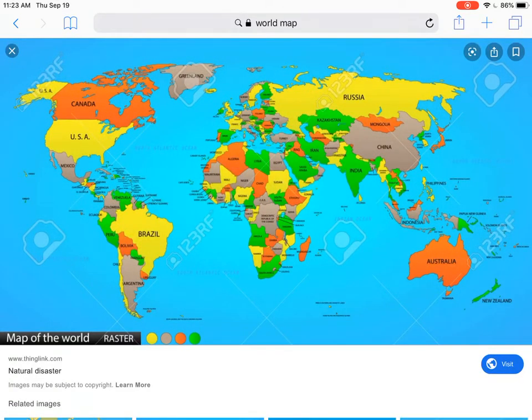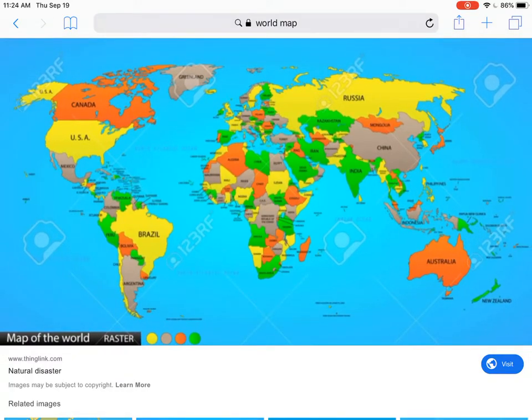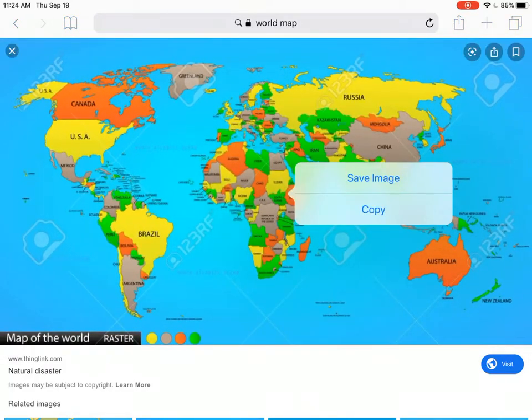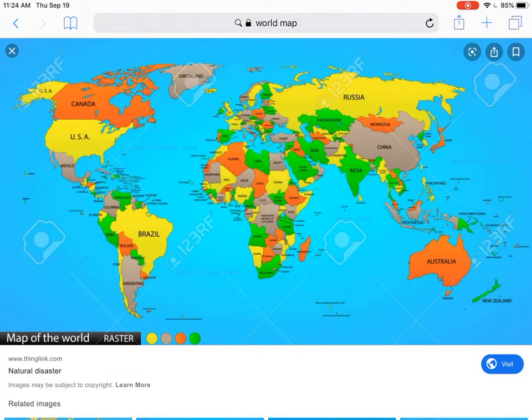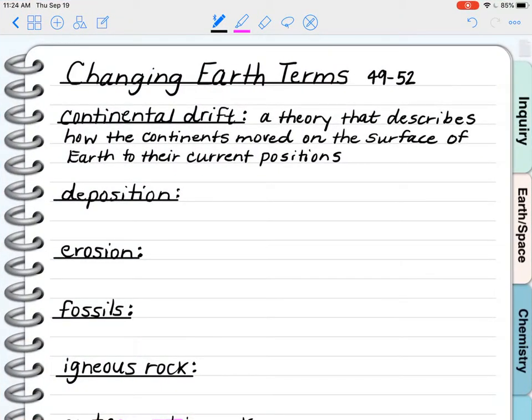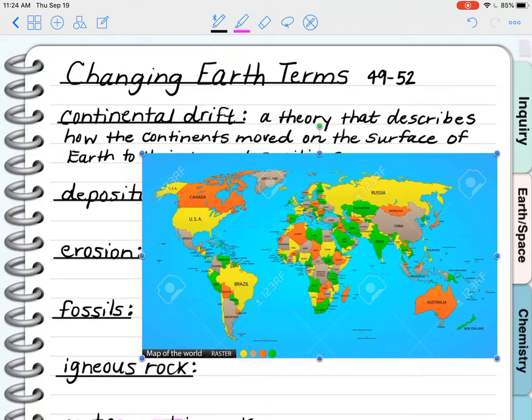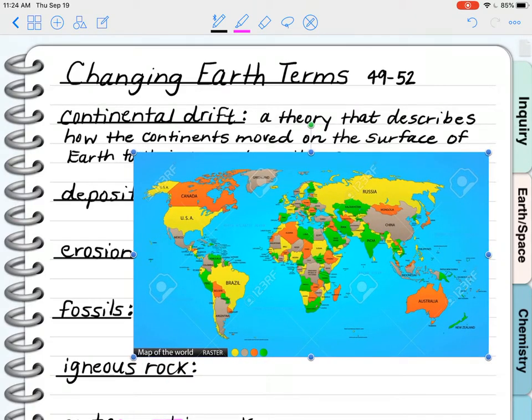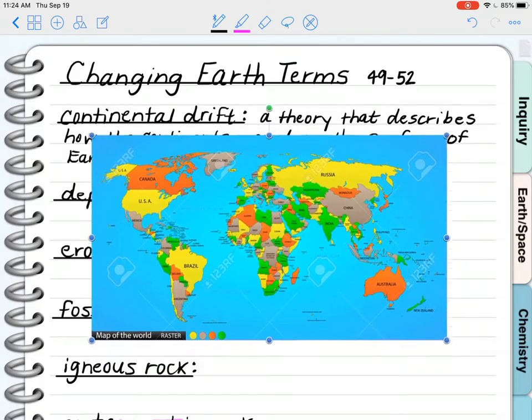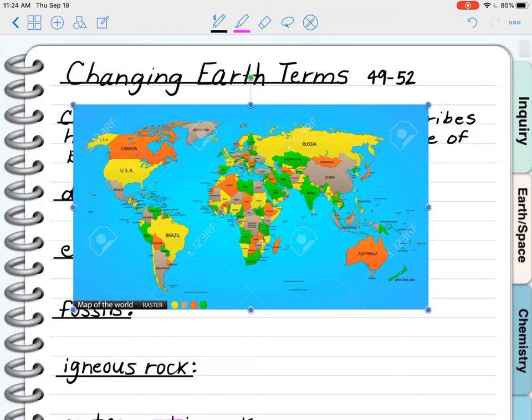Here's a better one. If you look at this world map, you can sort of tell where the pieces of the earth once fit together. So let me see if I can copy this just to bring into our picture. I can. This may or may not work. If it doesn't, I'm sorry. Well, it did. Okay. And I will remove this. I know you don't have this on yours, but let's look at it first.